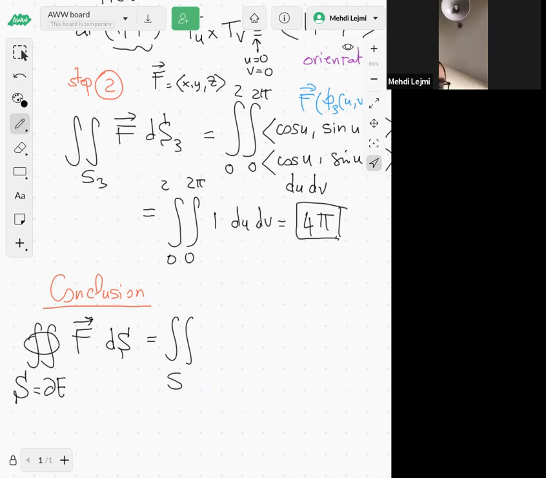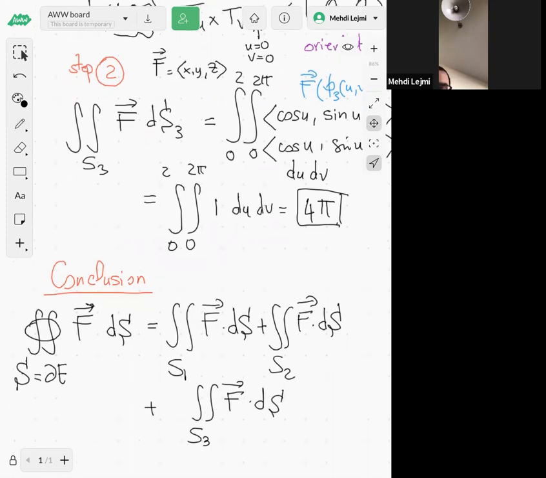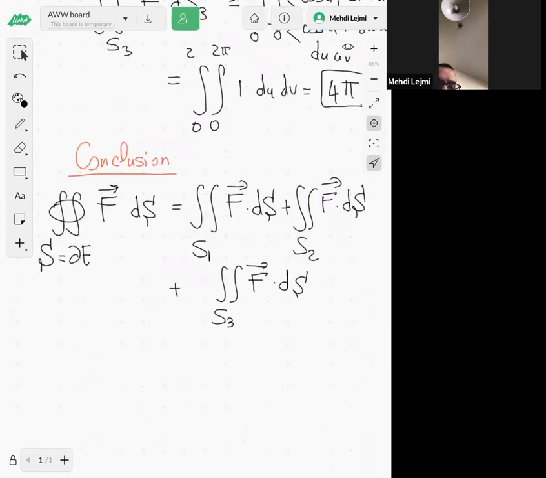The first piece was the top, the second piece was the disk in the bottom, and the third piece was the lateral cylinder. If I'm not mistaken, the first integral, the top, was equal to 2 pi. The second integral along the disk in the bottom is 0, and along the lateral surface, the cylinder, that was 4 pi. So the total is 6 pi.